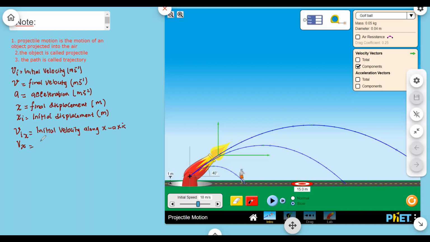Vx equals the final velocity along the x-axis.